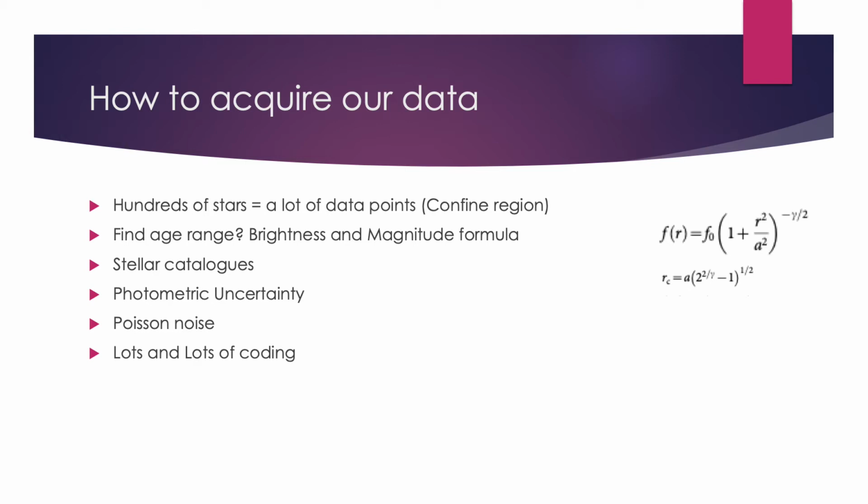But even with that, as you go on, if you go on to do Physics 164, there's a lot of uncertainty when it comes to light. Things called photometric uncertainty, which is just how light acts, can be really troubling, and Poisson noise, which can give you a range of fake, uncertain data points. So it takes a lot of smarts and a lot of coding to try to get rid of this.